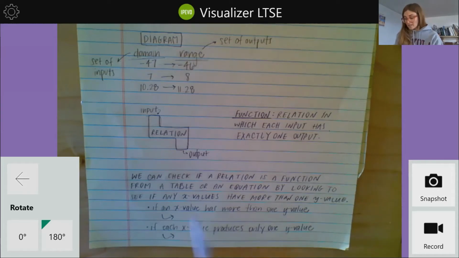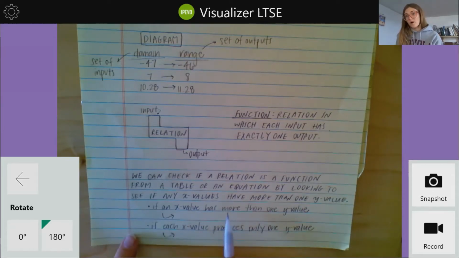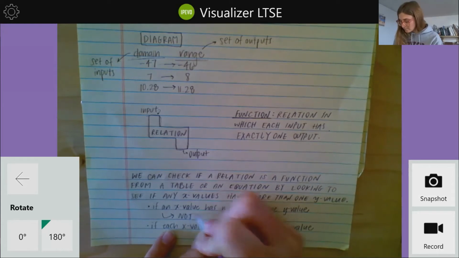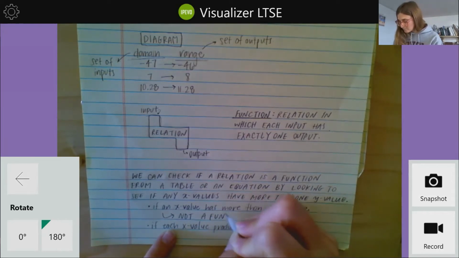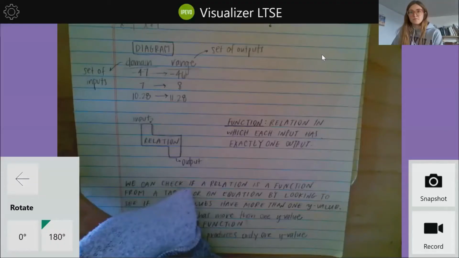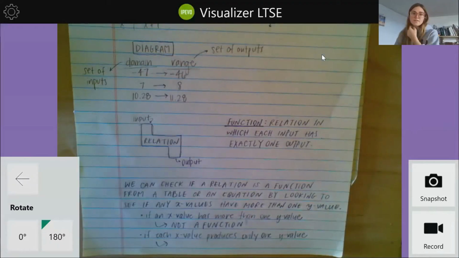So if an x value has more than one y value, then that is not a function. So let's find an example of that where an x value would have more than one y value.